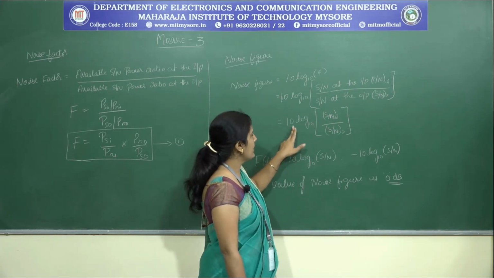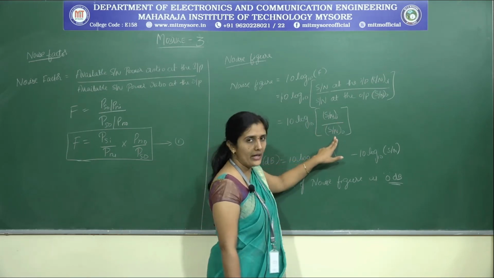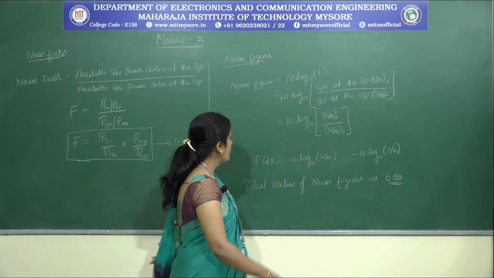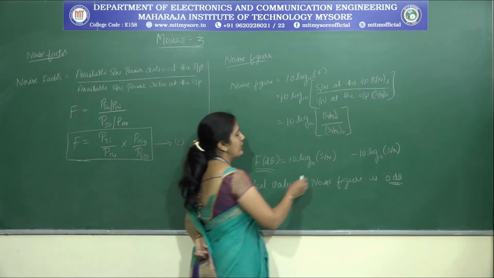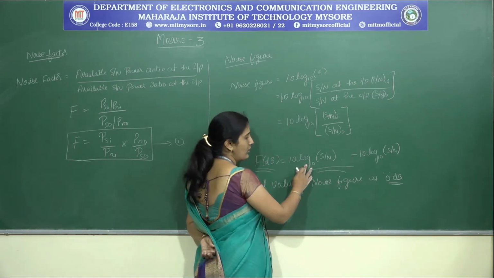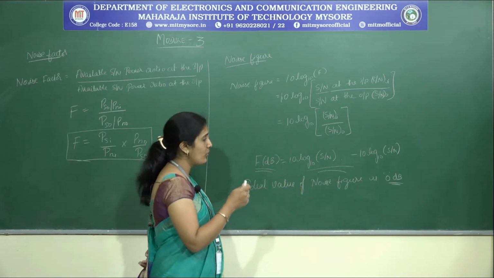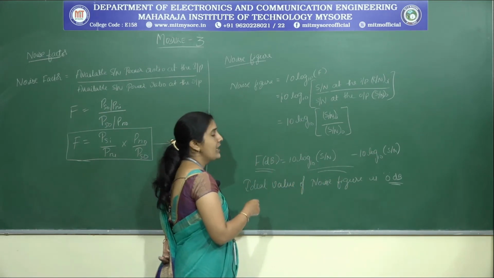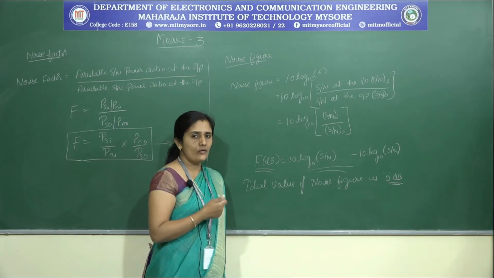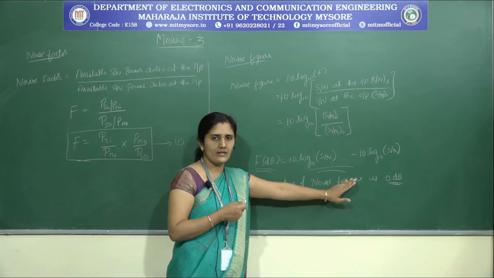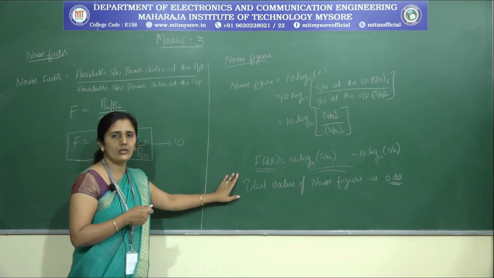When we write this in decibel, we get 10 log of the signal to noise ratio at the input minus the signal to noise ratio at the output. If both get cancelled, the ideal value of the noise figure is always 0 dB. So we have to remember this in order to solve the problems.